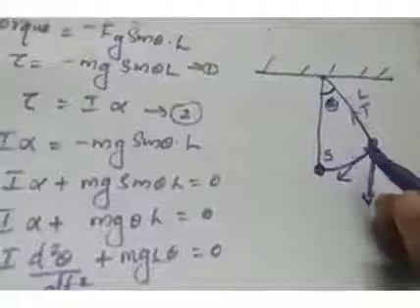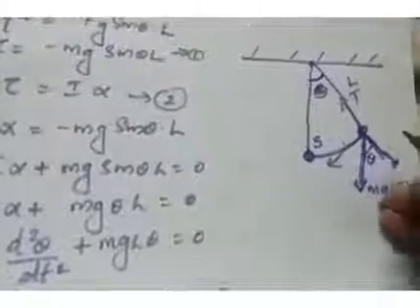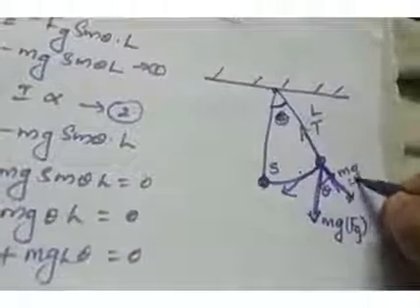Okay, so which is this component? So if this angle is theta, this angle is also theta. So this component will be mg cos theta. It is mg cos theta.